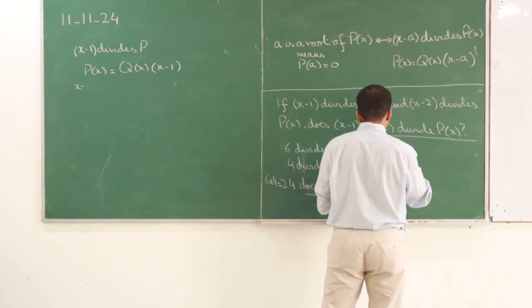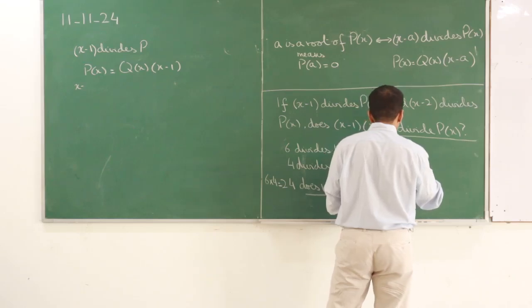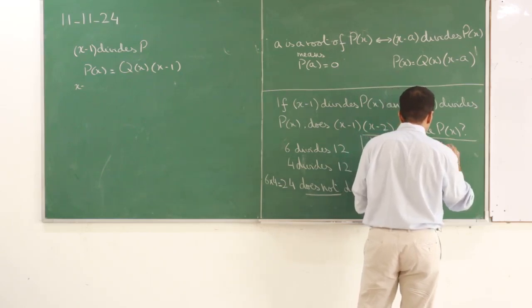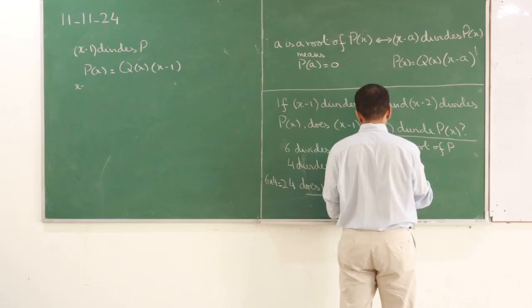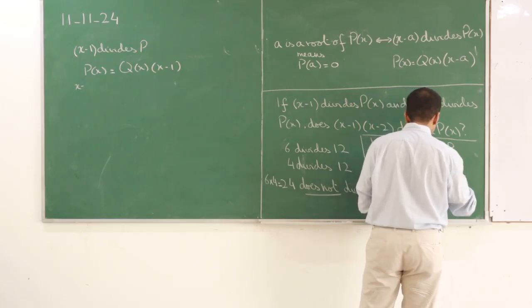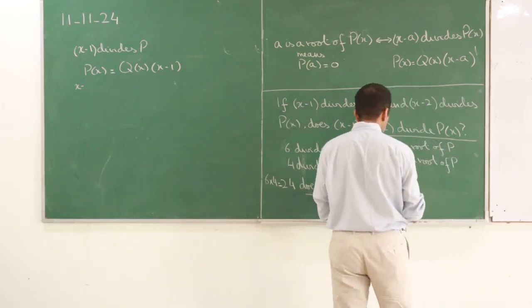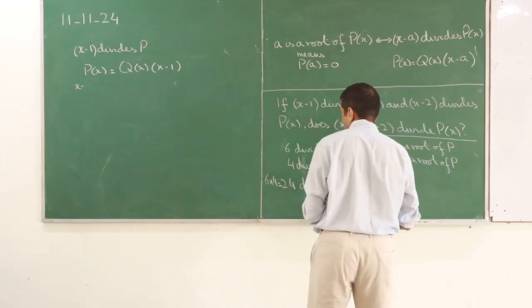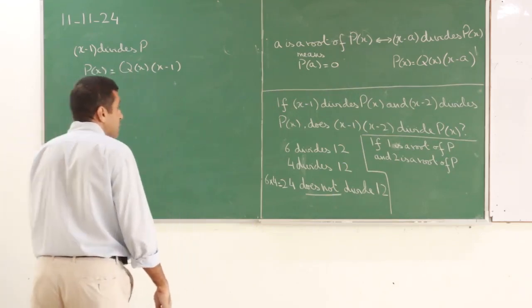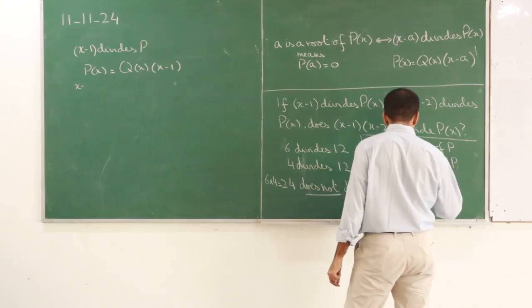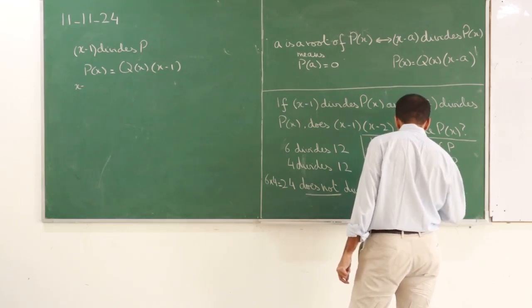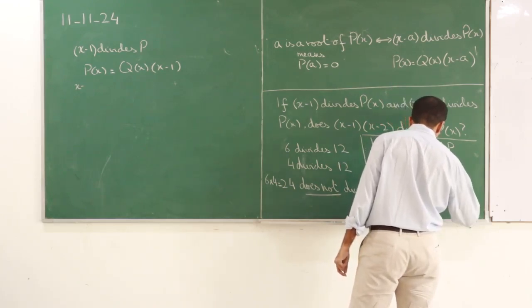If 1 is a root of p and 2 is a root of p, then this becomes a kind of weird question to ask, because if 1 is a root of p and 2 is a root of p, then does the product divide p?